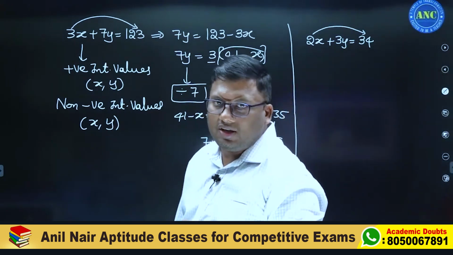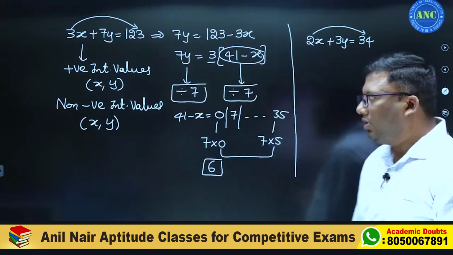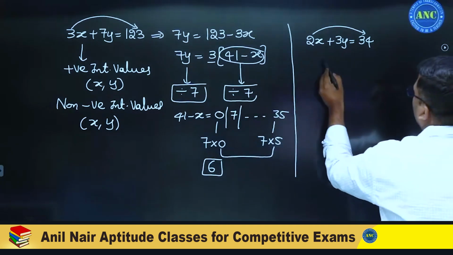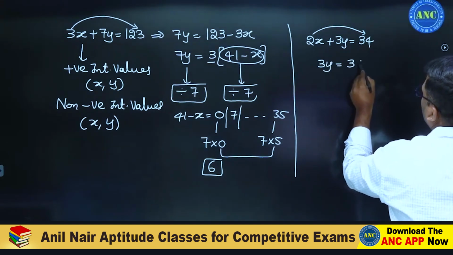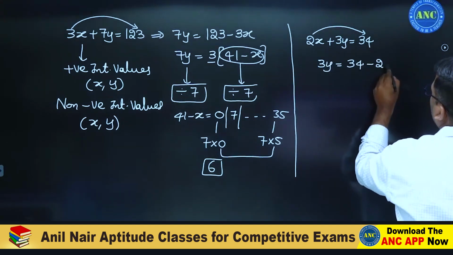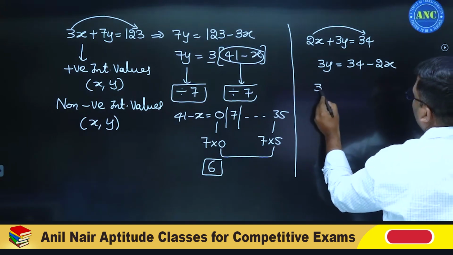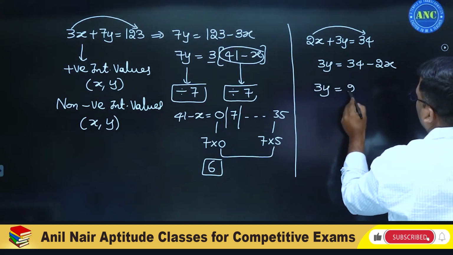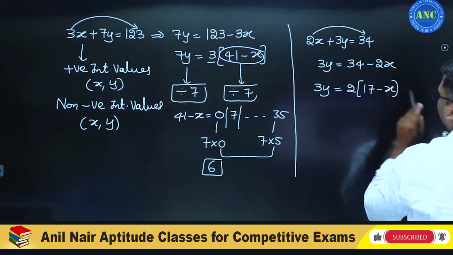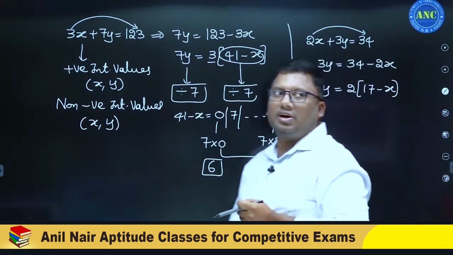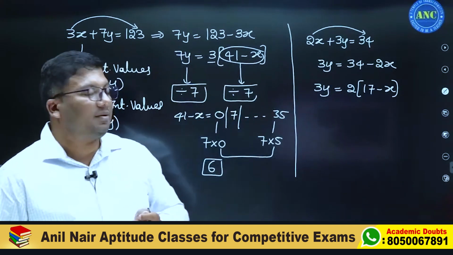That concept only we are discussing. So this can be written as 3y is equivalent to 34 minus 2x, that is, 3y is equivalent to 2 into (17 minus x).